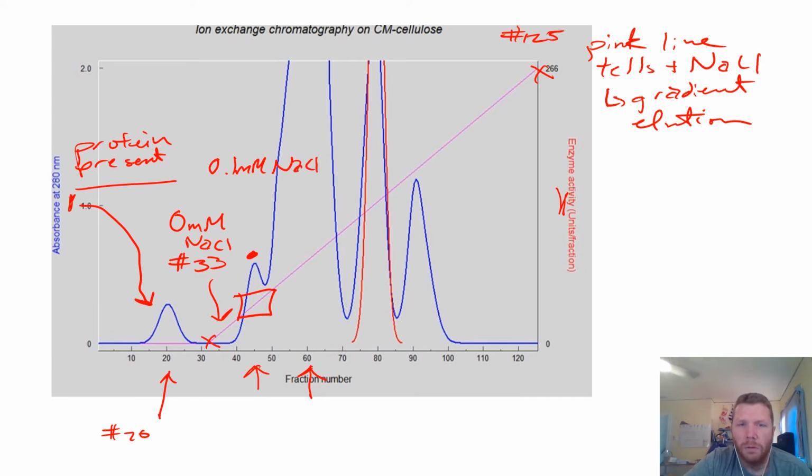And then slowly but surely, with every passing fraction, we're increasing our sodium chloride concentration until fraction, let's say 125, has a concentration of 1.5 molar NaCl. So we would be able to say that maybe about 0.4, and I'm not really drawing that scale very well, 0.4 molar NaCl will be enough to get this fraction right here to elute.